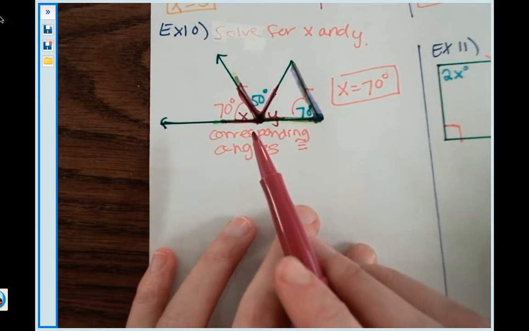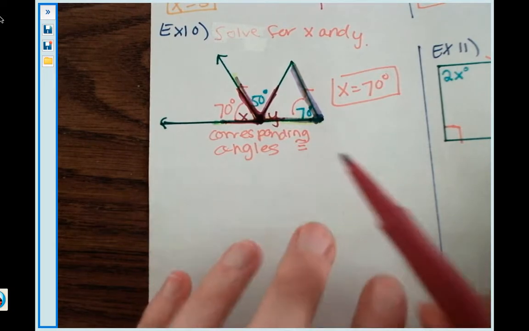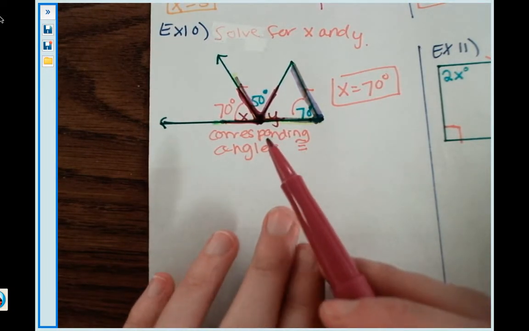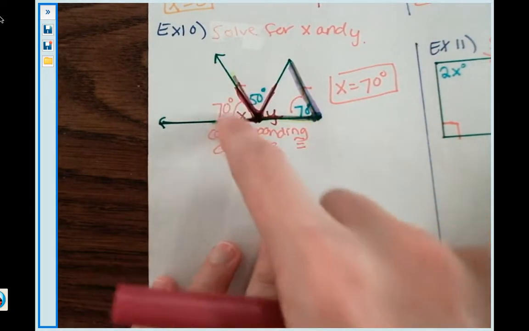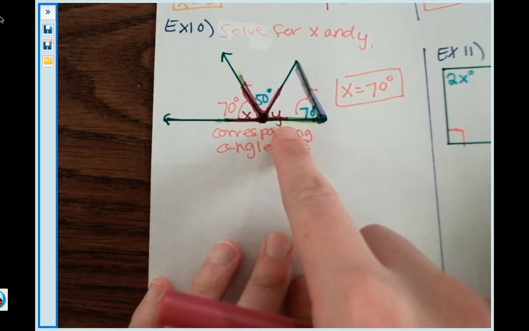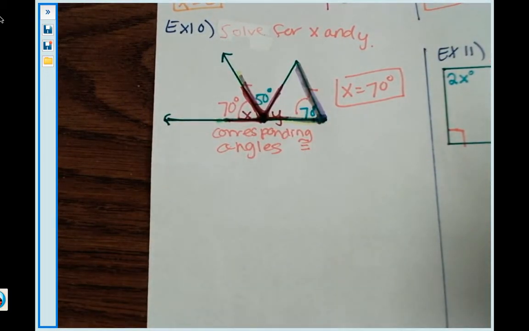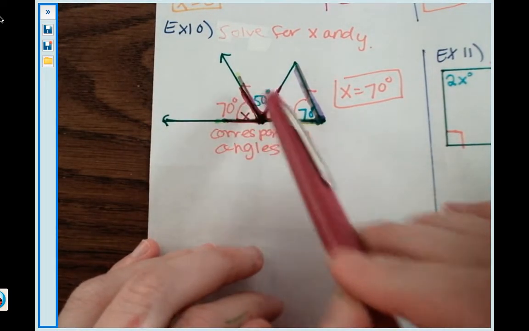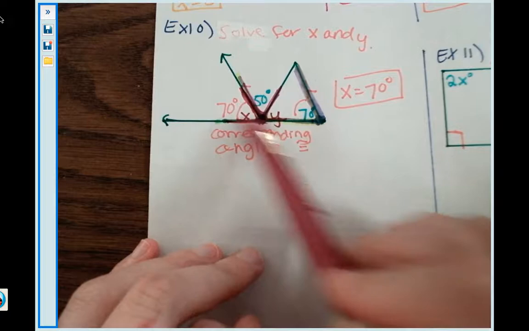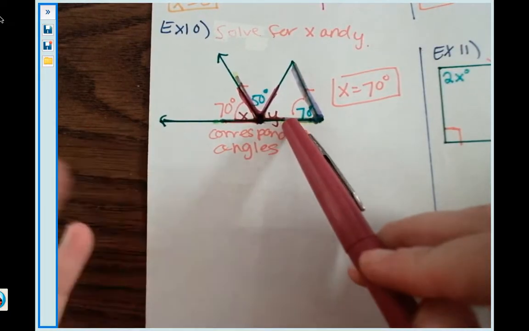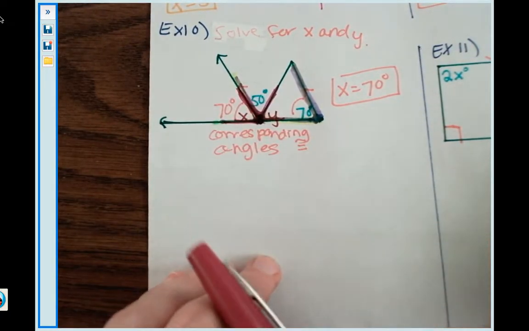All three of those angles, when you put them together, form this line down here. And what is the degree of a line, you guys? It is 180. So since these three angles are sitting on the line, they all have to add up to be 180.